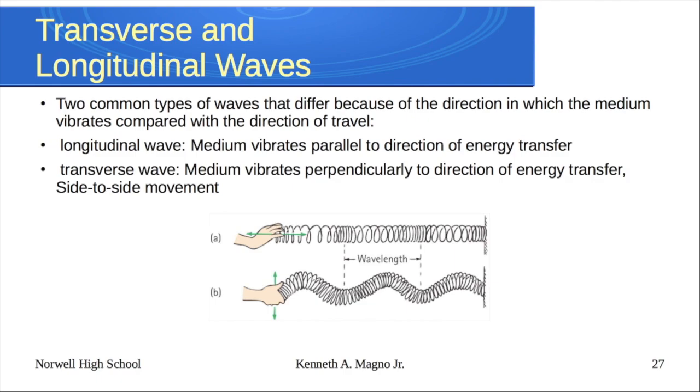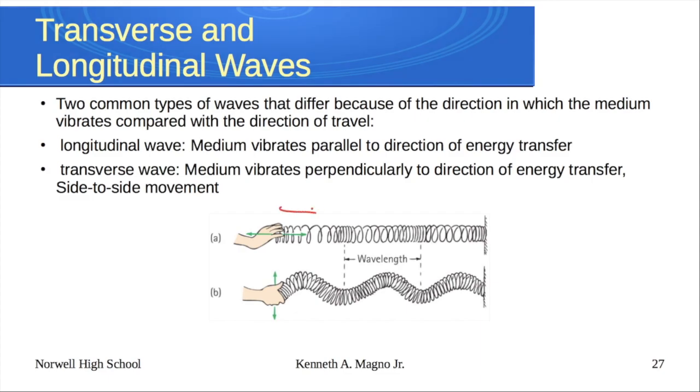So there are two types of waves. There's transverse and there's longitudinal. The difference between them has to do with how the actual material moves versus the energy that's transferred. In a longitudinal wave, the medium, the material, vibrates parallel to the direction of energy transfer.